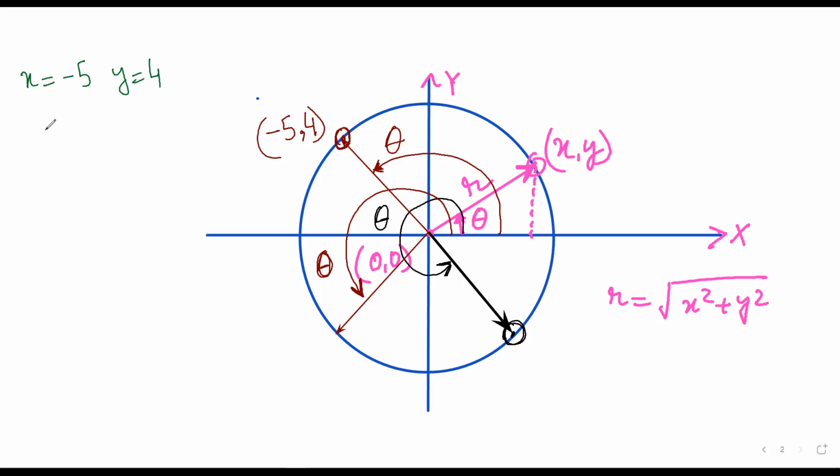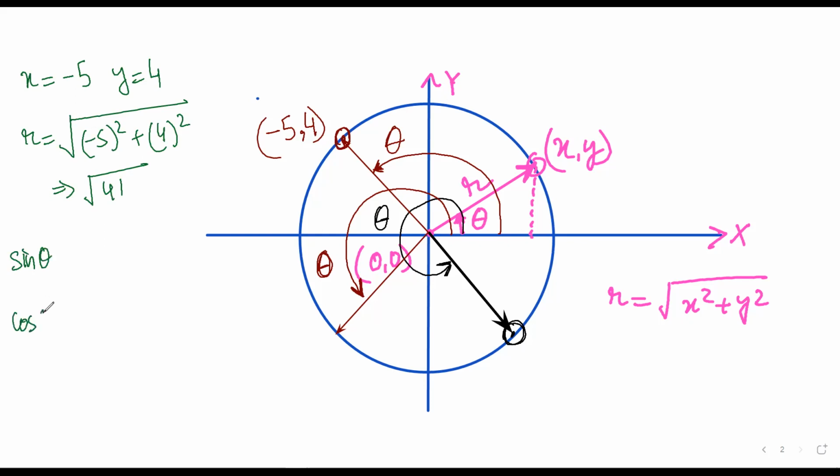Let me clearly write like this. My r would be the square root of minus 5 square plus 4 square, which is equal to root 41. Avantika, are we okay?